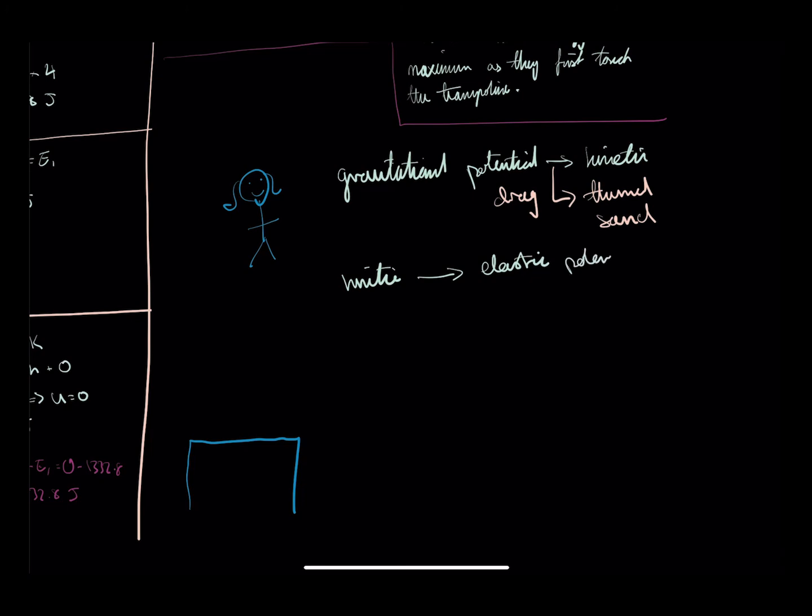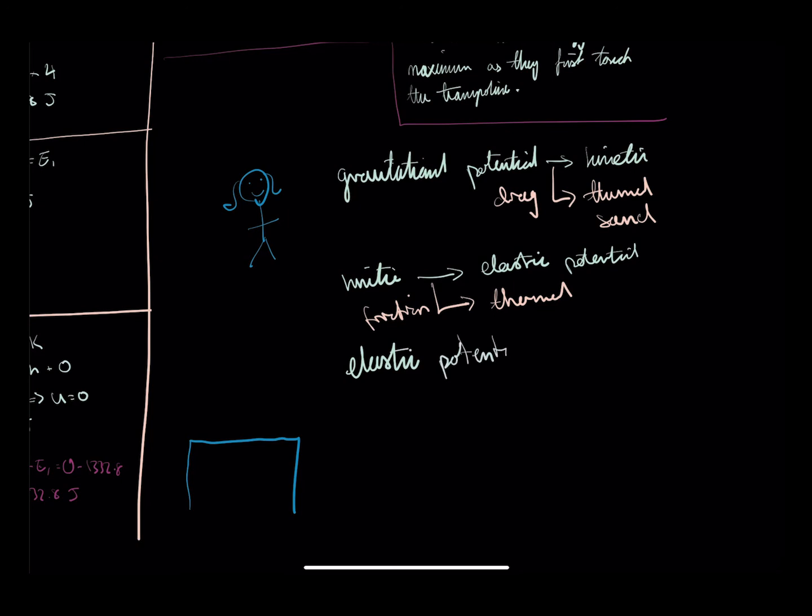Elastic potential energy. And again, if we want to be really clear, we're probably going to be losing some of this energy because of the friction of the child's feet on the trampoline and the molecules of the springs alongside each other. We're going to lose some of this energy to thermal energy as well. Then the elastic potential energy, this is when the trampoline springs back.